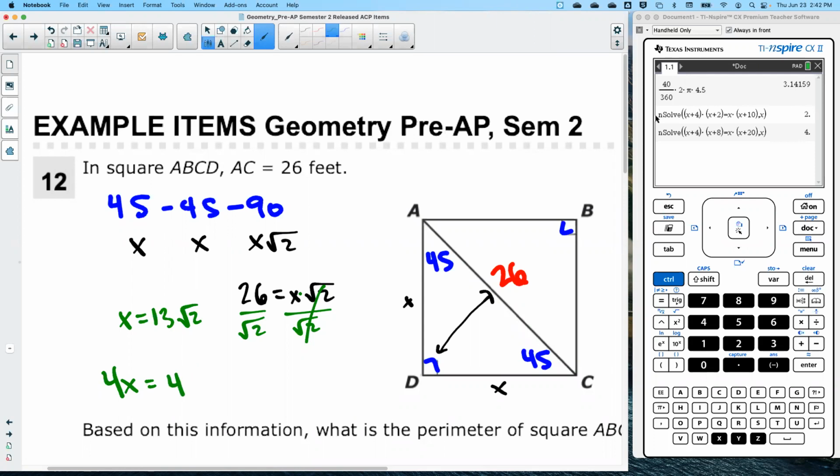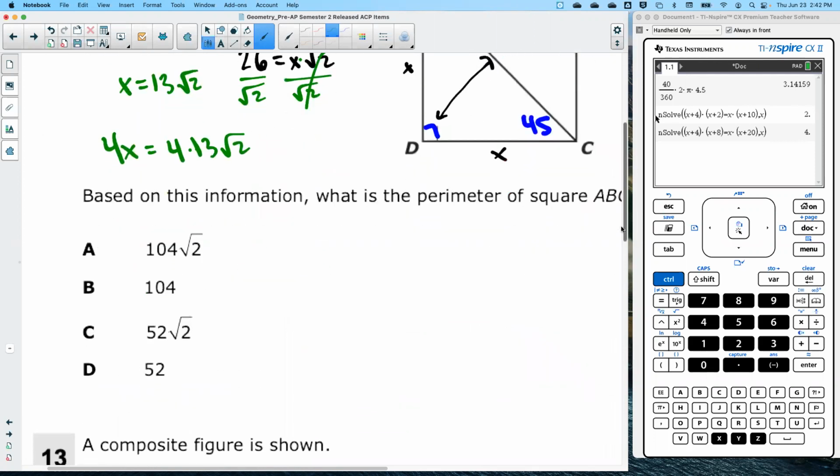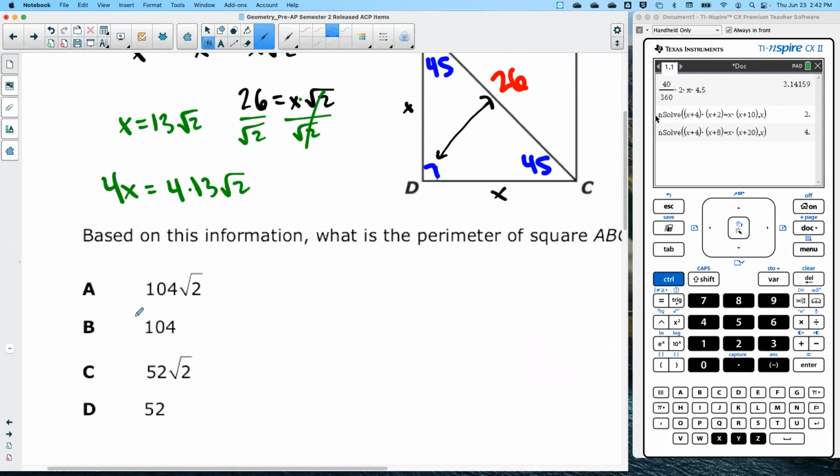So 4 times 13 square root of 2. See how the answer is written before we type that in? What's 4 times 13? Is it 52? So it'd be 52 square root of 2.